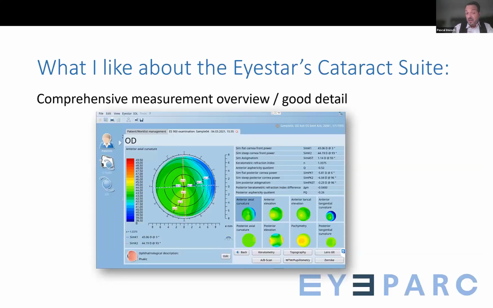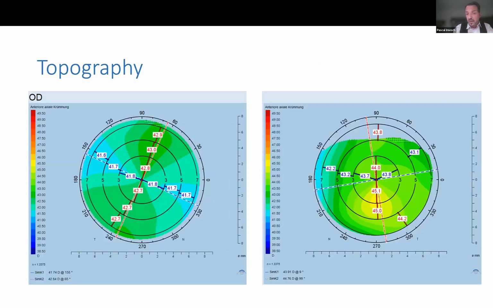But here you really have those zones, and they help you tremendously to tell if the patient is suited for a toric lens or not, or if you really want to do arcuate incisions or something during cataract surgery. You could easily see not only on the image, but also measured by zones, what to do with that patient. And I'm very much more confident, since we have the Eyestar, in recommending the patient a toric lens or not.